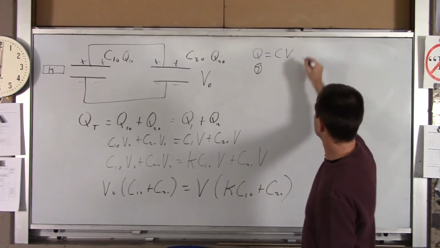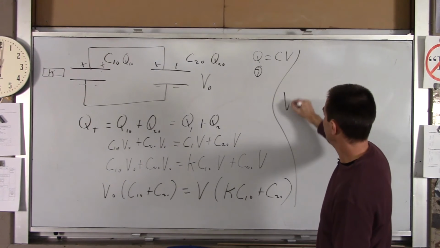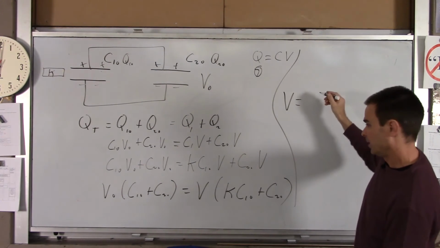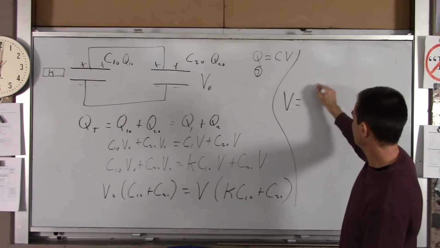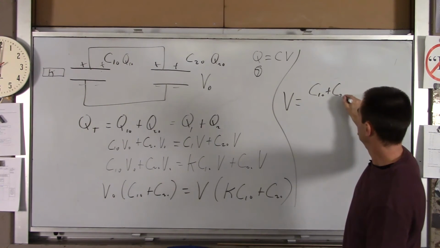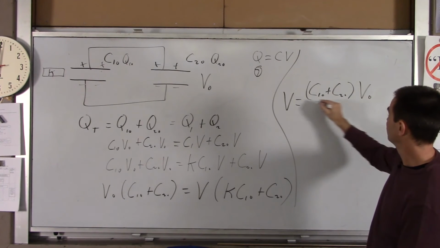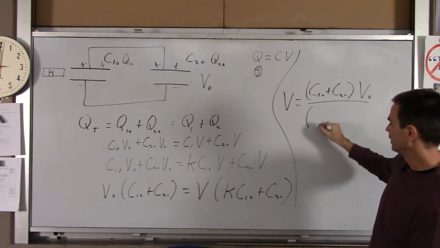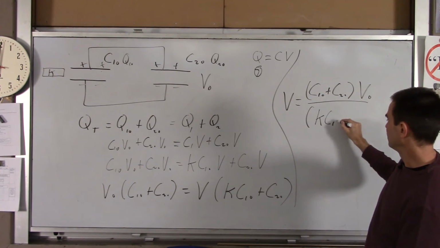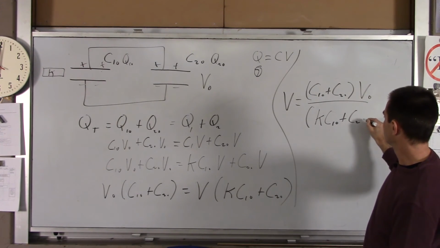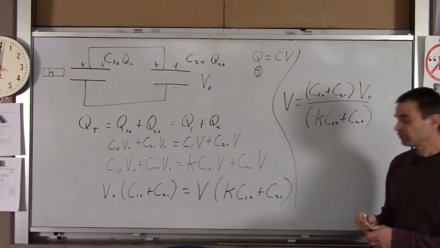So V equals C1 naught plus C2 naught times the original voltage over the quantity kappa C1 naught plus C2 naught. Okay, so that's your new voltage.